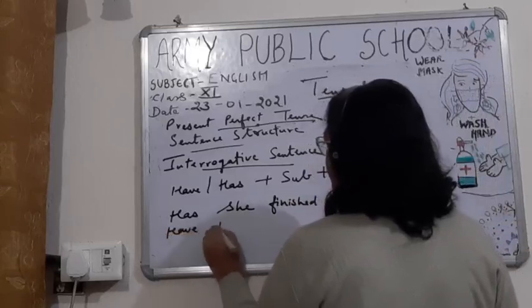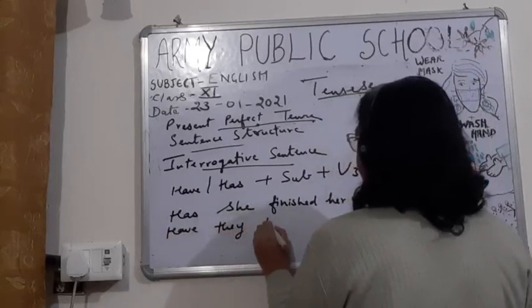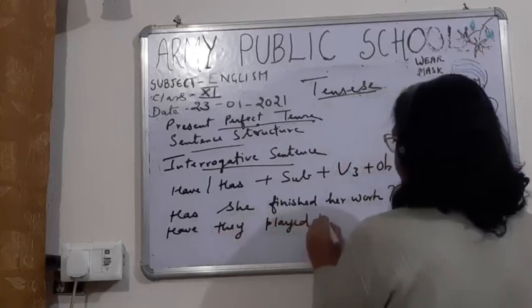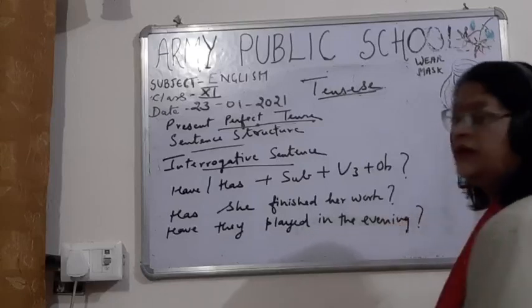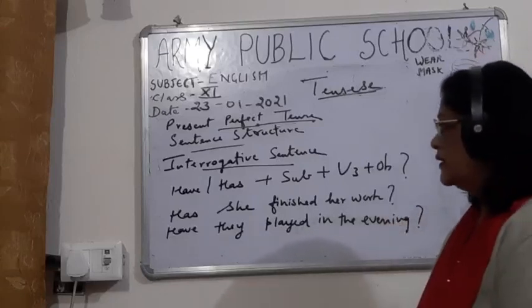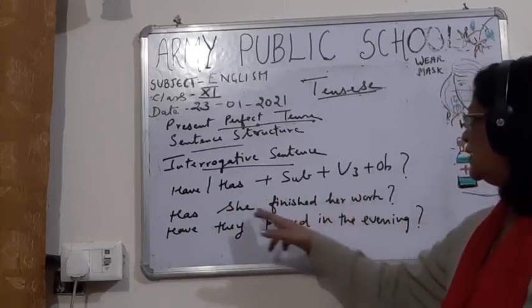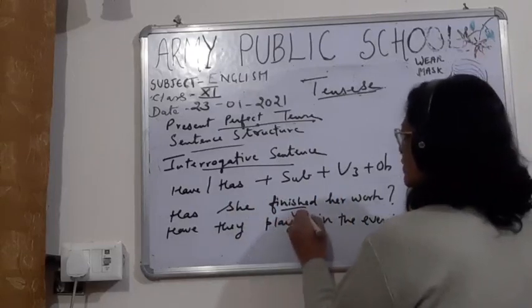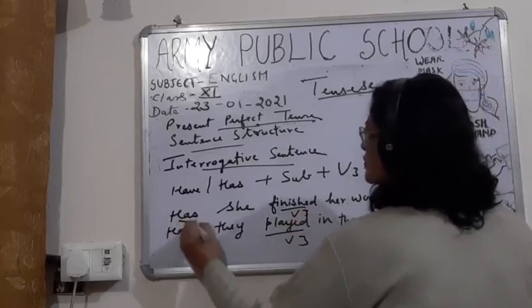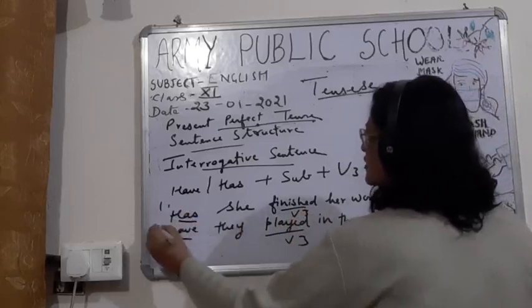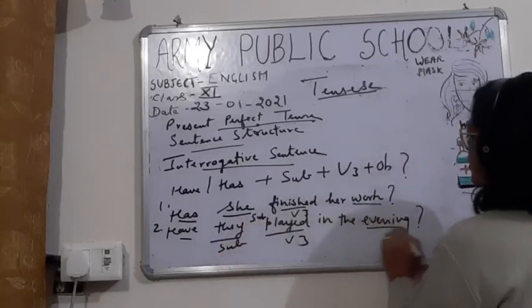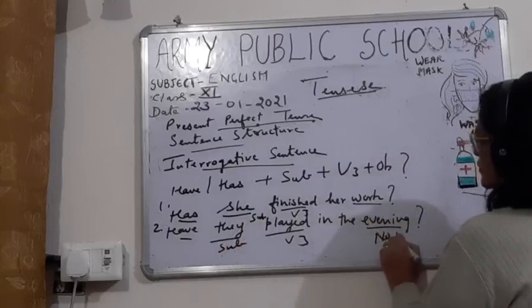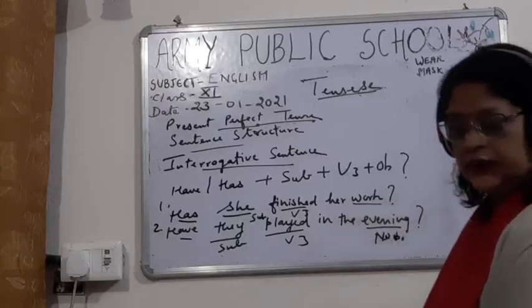Have they played in the evening? Okay, you can see here. Has she completed? Has she finished her work? So V3, V3. Here has and have, first sentence and second sentence. This is subject. Here no object. Evening is not an object.